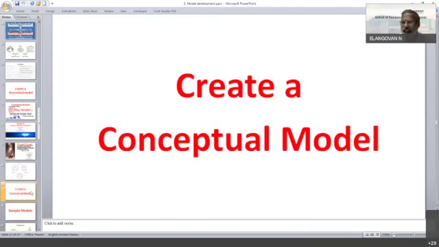So the next exercise was to create a conceptual model. I thought of taking one theoretical model that you are bringing in and asking you to address a particular gap in that theory and then make it into a conceptual model. I hope you have not done that exercise. Maybe you require some more time.